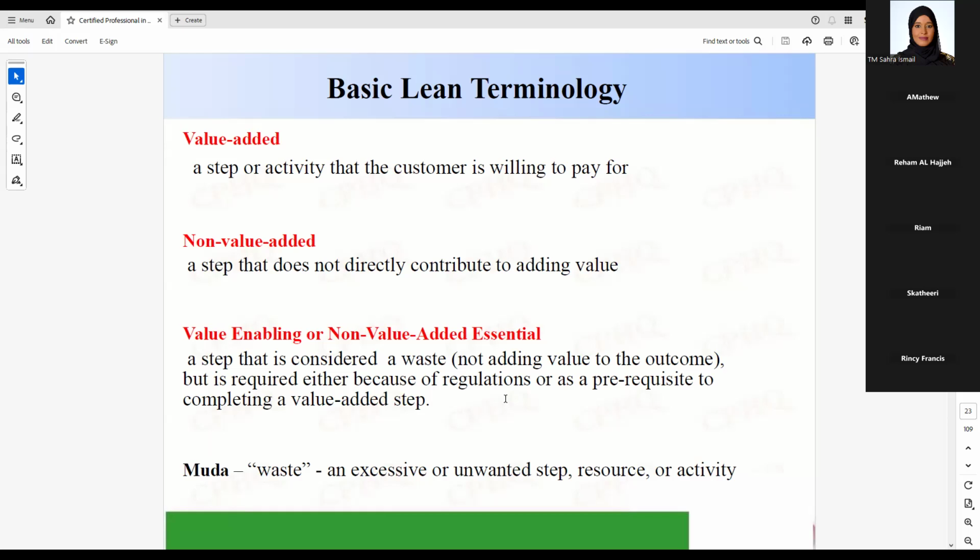For you to go and see the doctor in the clinic, the policy requires you to have vital signs recorded, for example. So these are non-value added to the patient, to the customer who's getting the service, but they are essential. They are based on regulations or a prerequisite for completing the next step. Is that okay, Salwa?